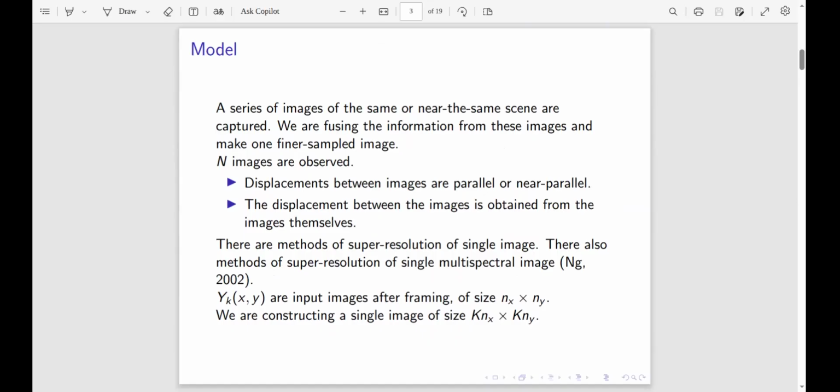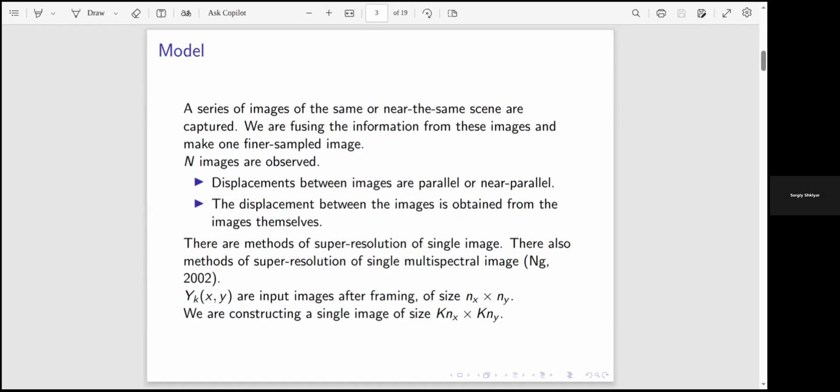It also depends on whether we can evaluate the displacements between images, or the relative transformation between different input images, from the images themselves, or if we have some extra information.